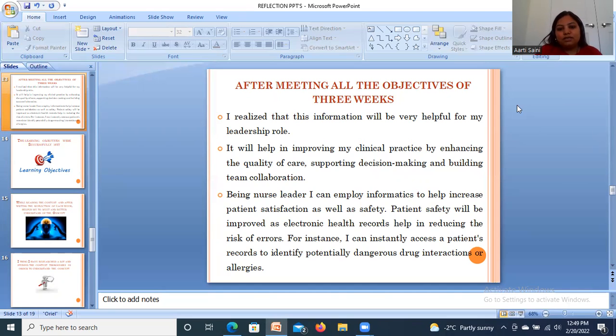So as a nurse leader, I can employ informatics to help increase my patient satisfaction as well as the patient safety, and it will help in reducing the errors also. For example, I can instantly access the patient's records to identify potential dangers during drug interactions or allergies. So it will help in patient safety also.